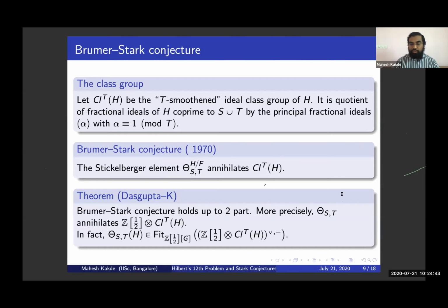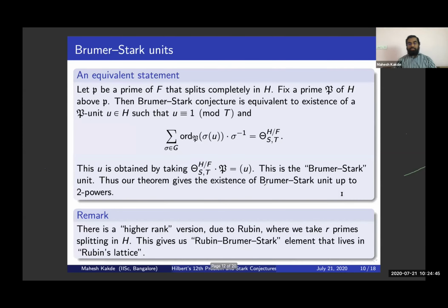I should also tell you what the Stark part is, an equivalent statement. These conjectures of Stark always depend on choosing a place of F that splits completely in H. The place could be a finite place, or an Archimedean place, an infinite place. In this talk, it's going to be a finite place.